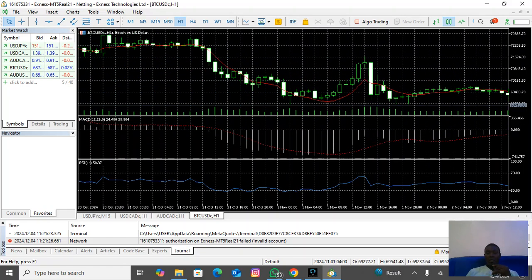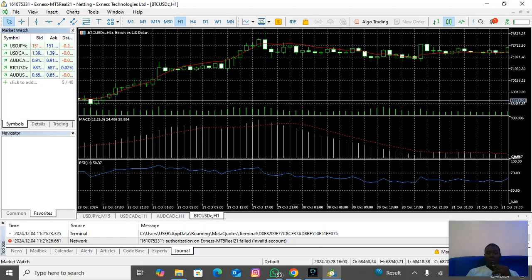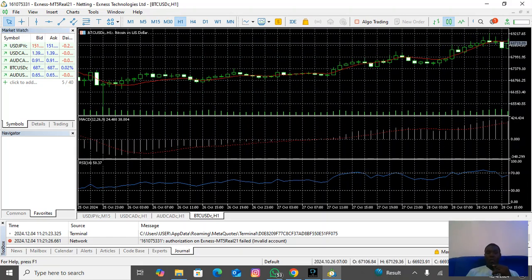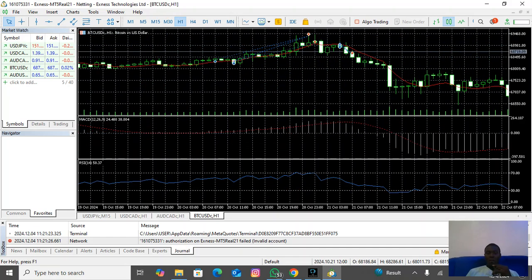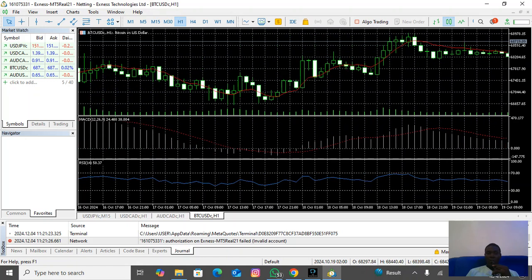Let me find some other example. A strong momentum is the move, okay? Like this candle now is a strong momentum candle, right? If you see the RSI right here, there's a 70.00 level, 30.00 level, right?